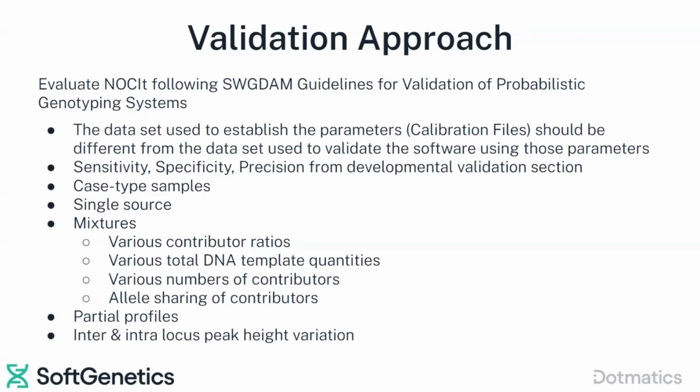You'll look at known single source samples and known mixture samples. You'll want different numbers of contributors at various contributor ratios and different levels of allele sharing. And you'll also want to include different amounts of DNA so that you get some partial profiles and some interlocus and intralocus peak height variation.